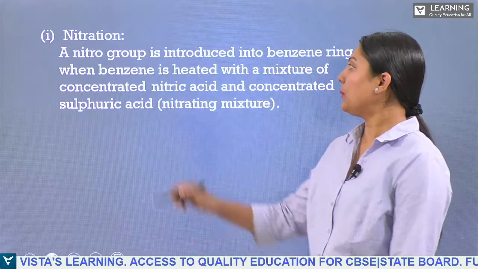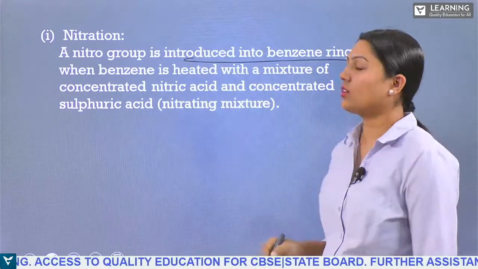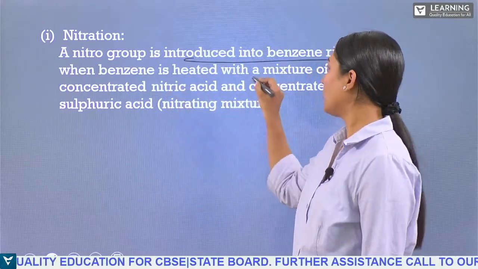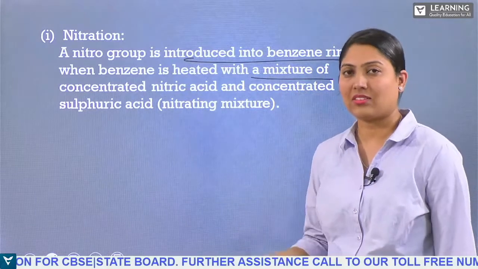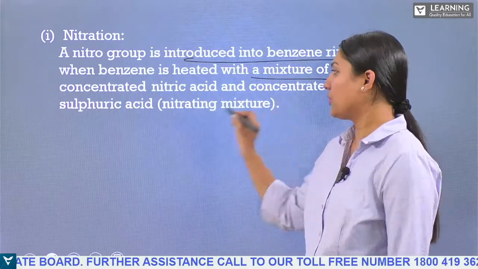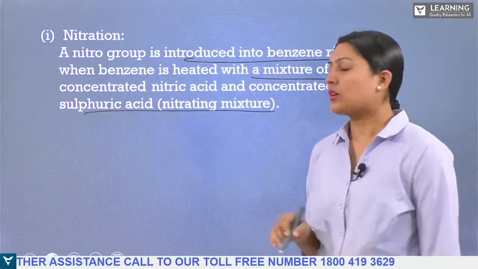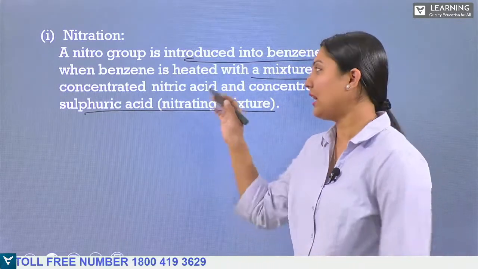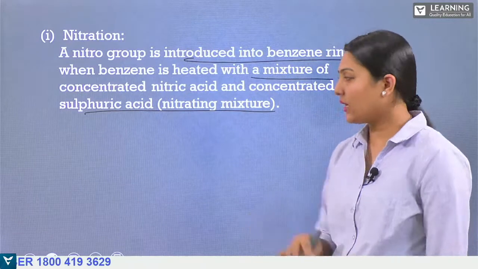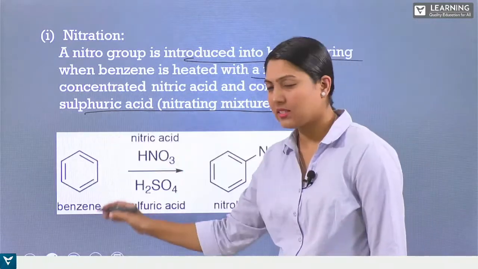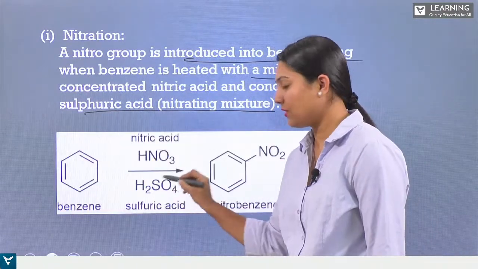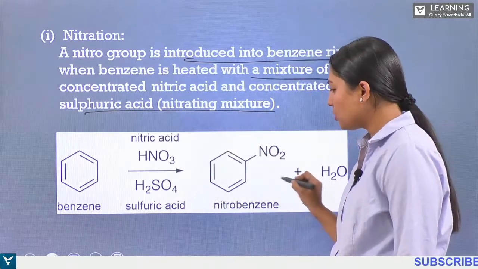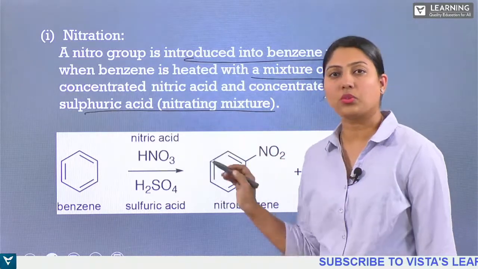A nitro group is introduced into the benzene ring when benzene is heated with a mixture of concentrated nitric acid and sulfuric acid. We call it the nitrating mixture. If you mix both and add it to benzene, we get a reaction like this, where benzene is treated with nitric acid and sulfuric acid to substitute a nitro group onto the benzene ring.